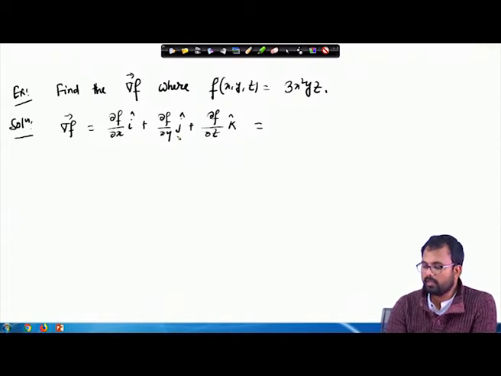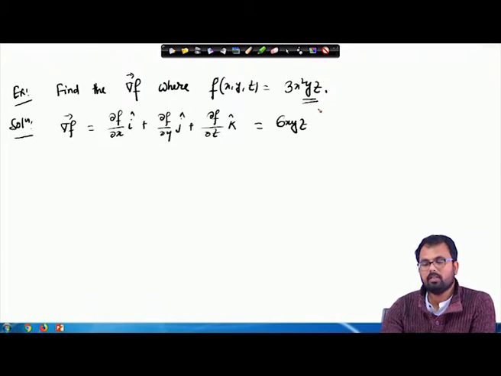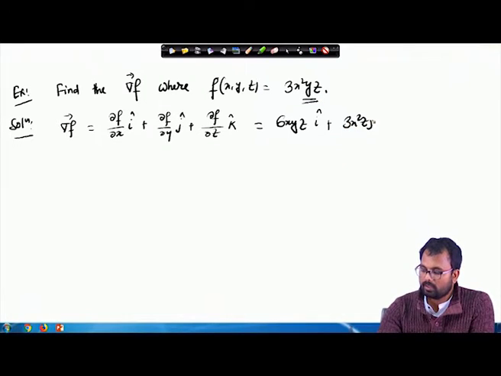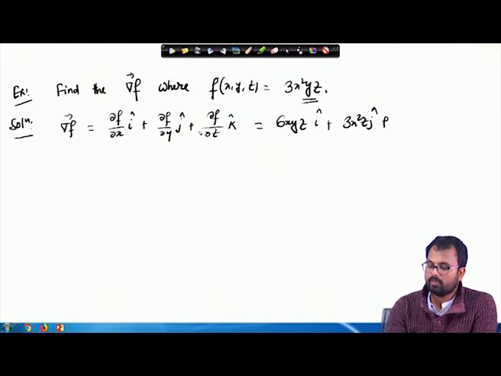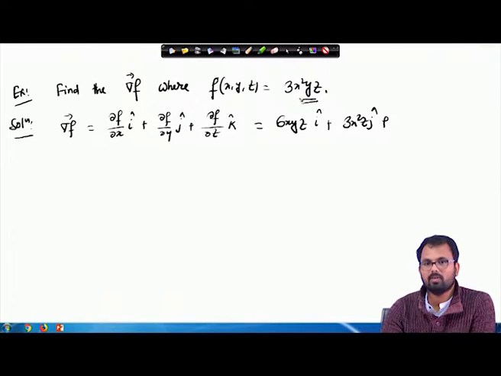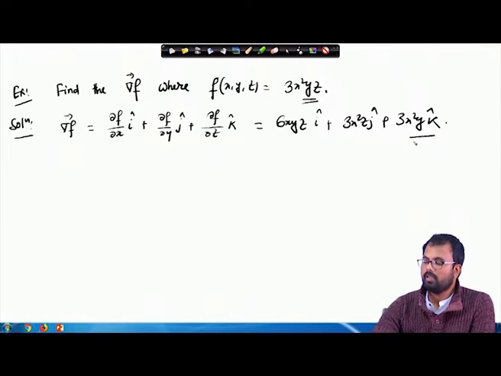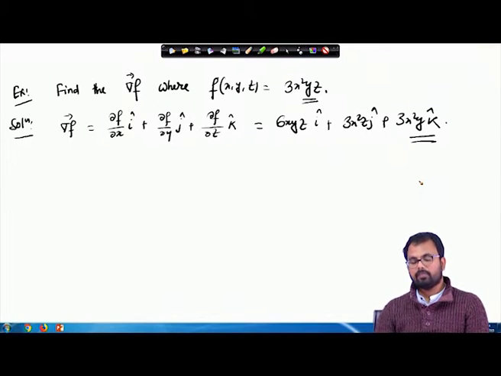Now, del f del x for this function will be 6xyz, because we are differentiating partially with respect to x only, so y and z are treated as constants, times i, plus when differentiating with respect to y, x and z are treated as constants, so this will be 3x squared z times j, and when differentiating with respect to z, x and y are treated as constants, and then it will be 3x squared k. So, this is the required gradient of the function f, and that is how we calculate.